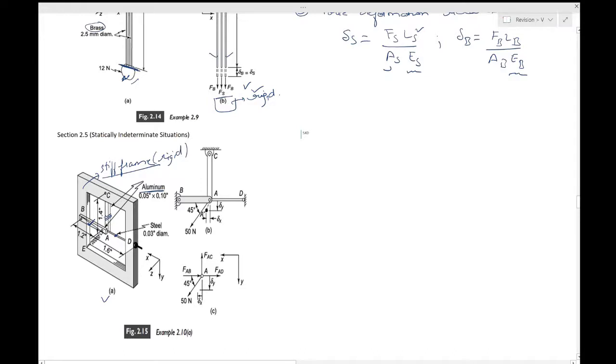stiff frame, sorry. Okay, and there is also a spring EA which is inclined at 45 degrees to BA. So this is the spring EA which is inclined at 45 degrees to BA.